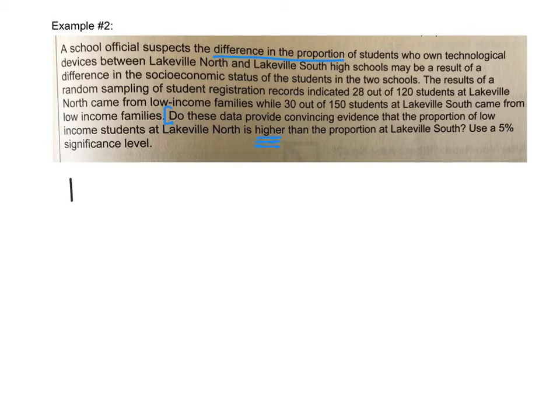Okay, you guys ready? Let's do it. Hypotheses. What's my null hypothesis? Well, we have two different things here: Lakeview North and Lakeview South. So instead of doing ones and twos, why don't we use N and S, just to help me out. The true proportion of North is equal to, because it's always equal to, the true proportion of South.